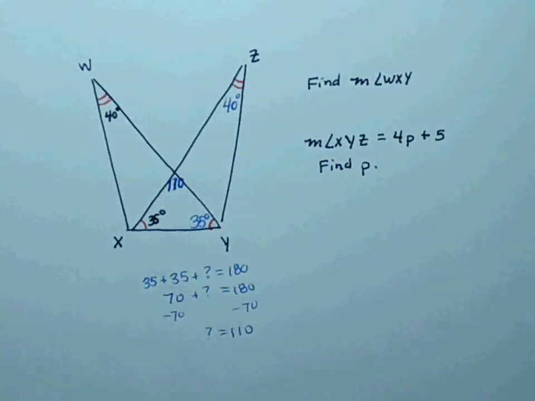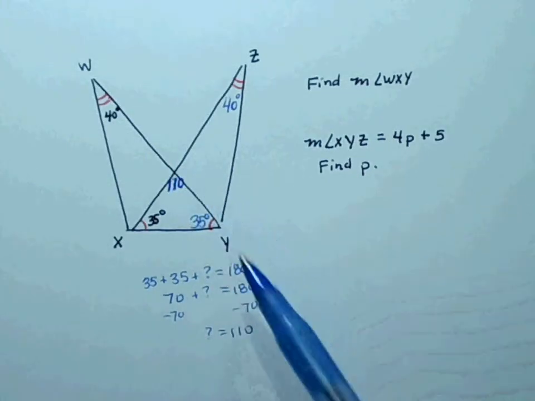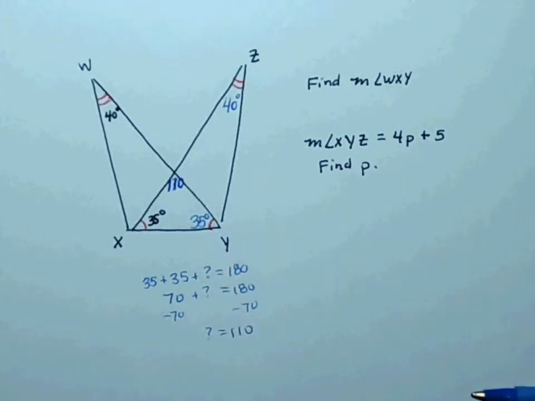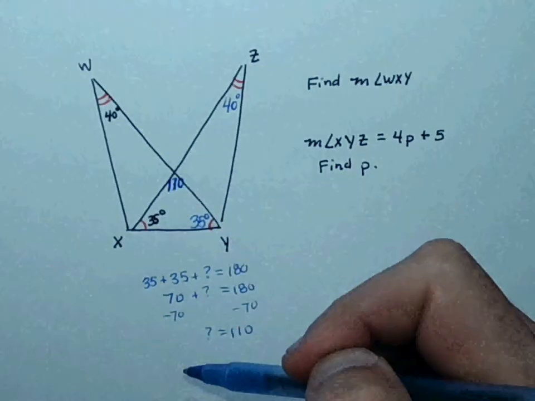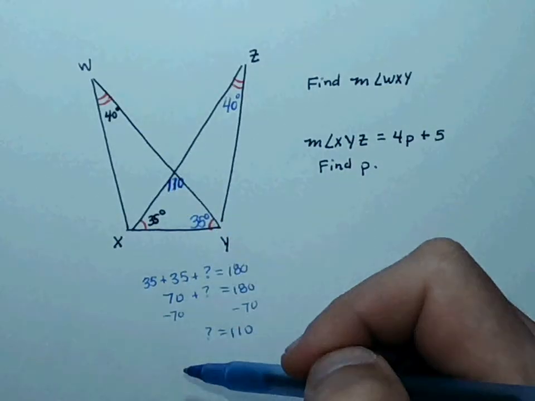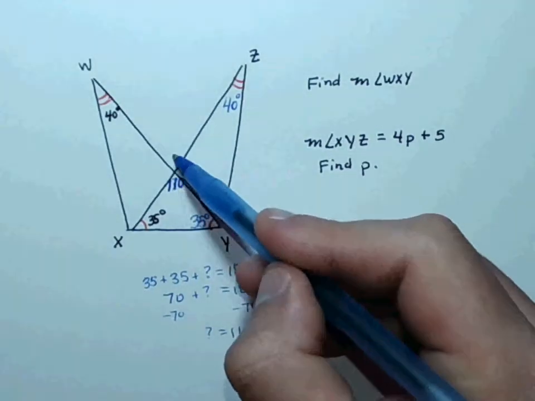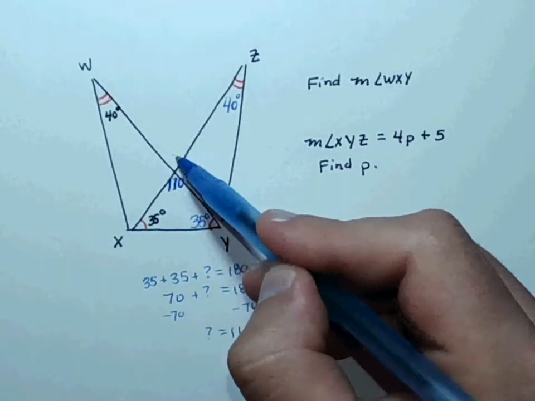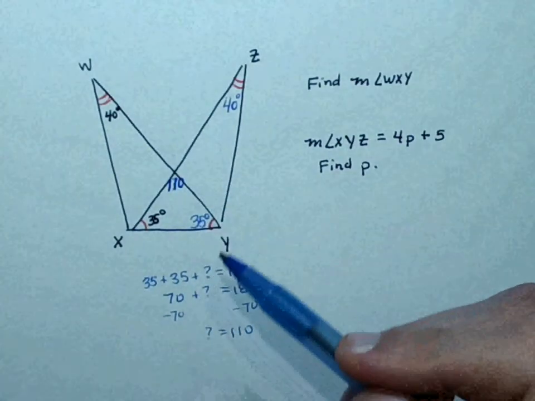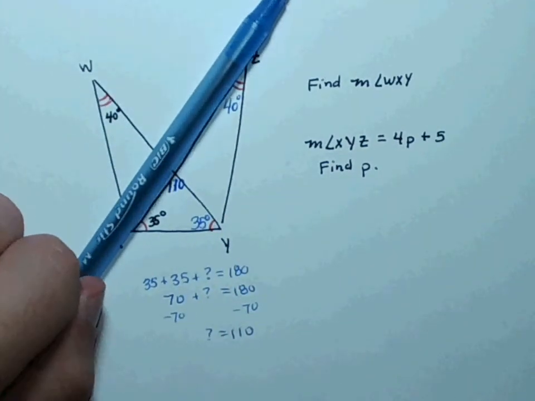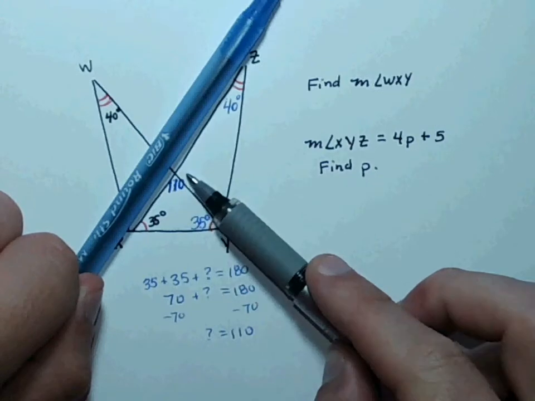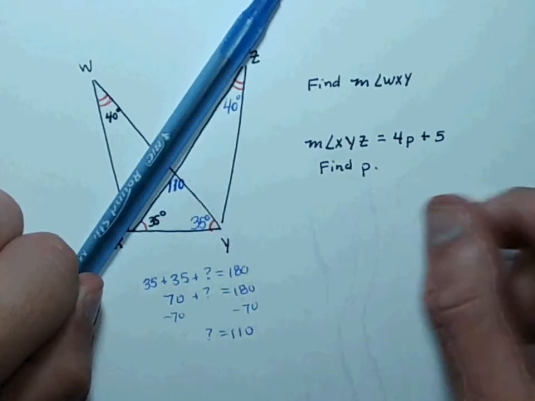Okay? Now, with that, can we find the measure of any other angle? Well, you should notice that this makes an X right here. So we could look at the vertical angles, but this isn't an angle in the triangles. But what do you notice about those two angles right there, 110 and that angle?